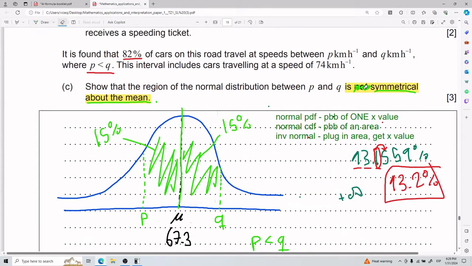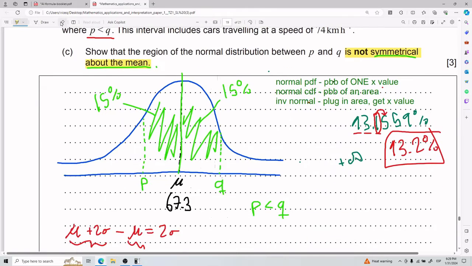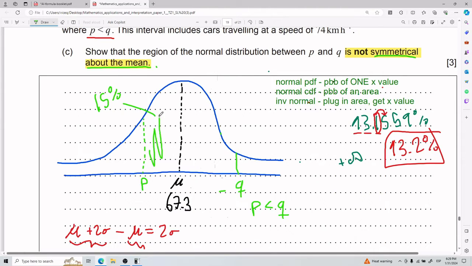In this case, we need to show that it is not symmetrical about the mean. So it's a lot harder to prove, but we're about to see what it means, see? So not symmetrical would be a case where it's just a little bit to the right, let's say. Let's say this Q is maybe more over here, okay? So we would have still that same 15%, but over here I would have, I don't know, 25%.